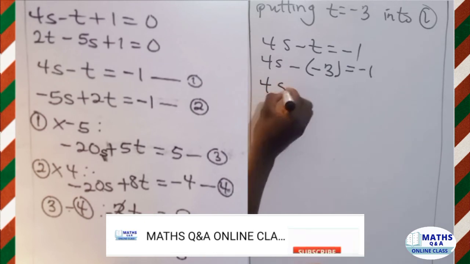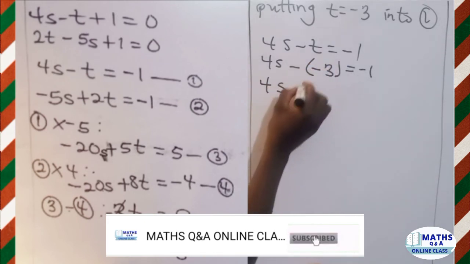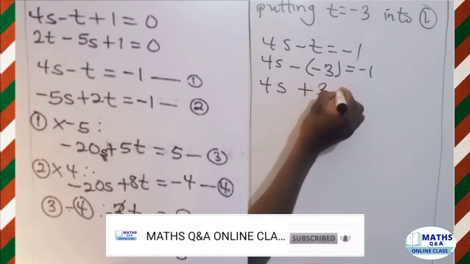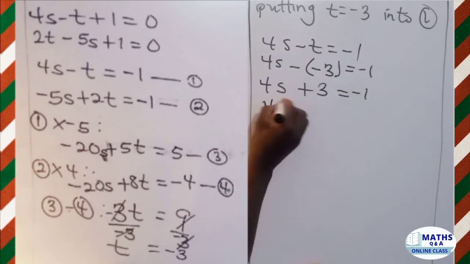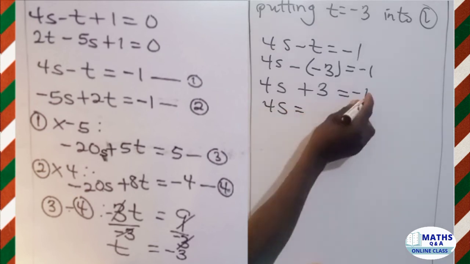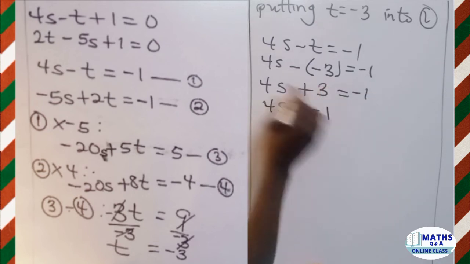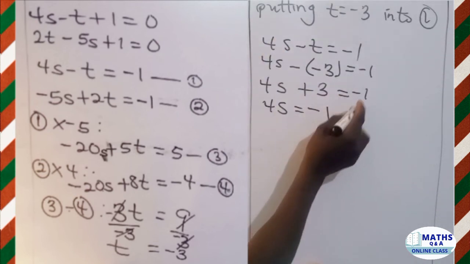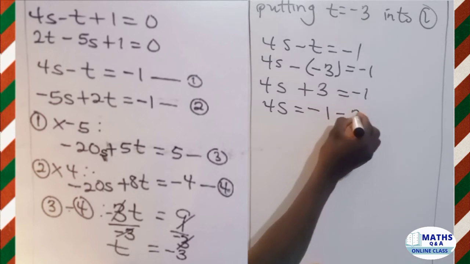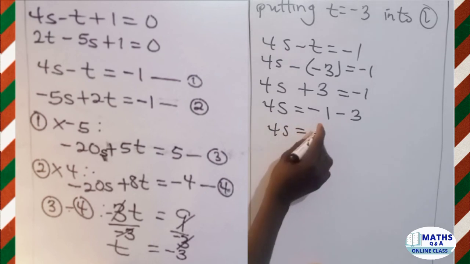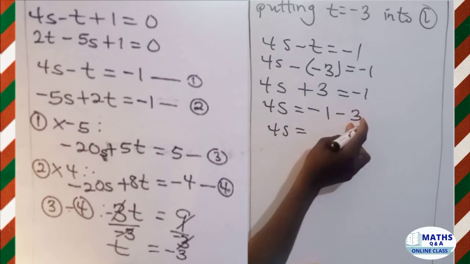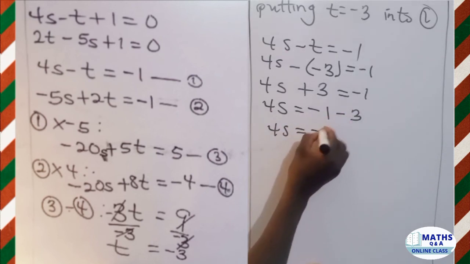So we have 4s, minus and minus will give us positive, equal to -1. Now we group like this. We have 4s equal to -1 is here already, and we are sending the +3 to the other side, when it comes here, it becomes negative. So we have -3. 4s is equal to -1 minus 3 will give us -4.